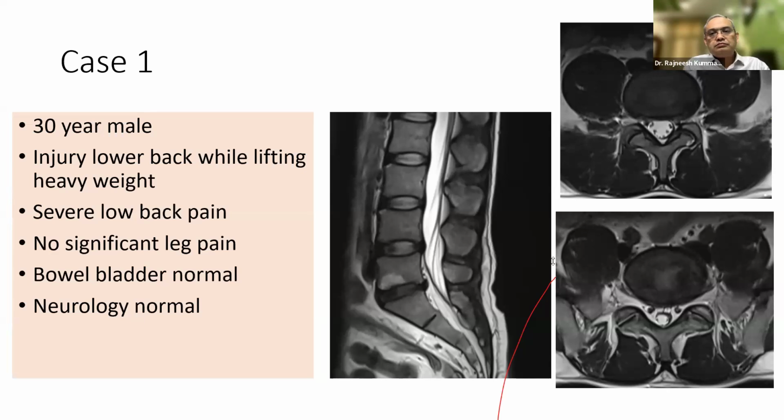Thank you, Dr. Tushar, for this opportunity, and thanks IMA Dwarka for giving me this opportunity for this discussion. As we see in this first case, the patient is a 30-year-old male who has got an injury while lifting heavy weights. Such injuries usually occur in the gym these days, and we routinely see such patients in our practice. Yes, definitely.